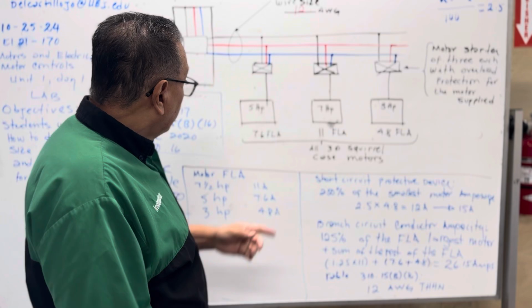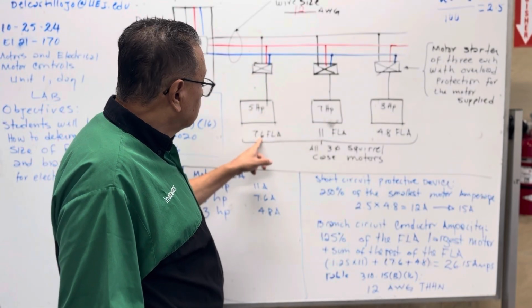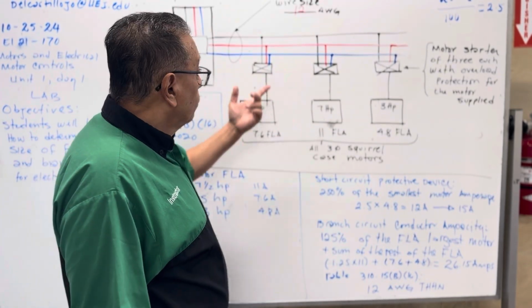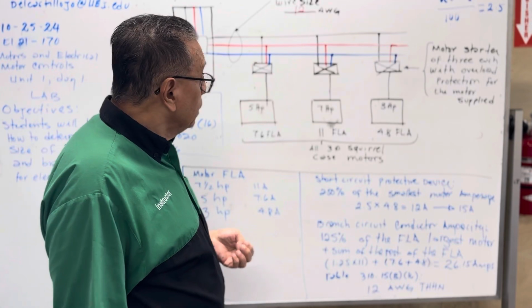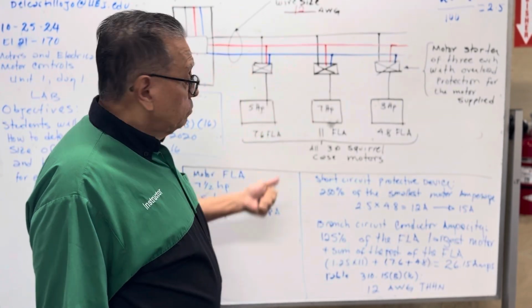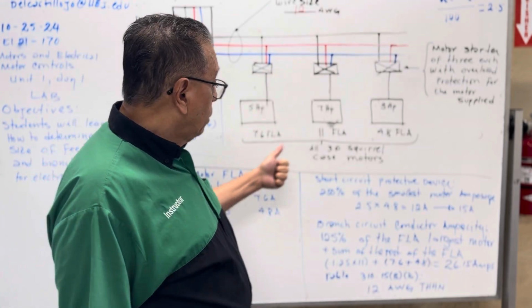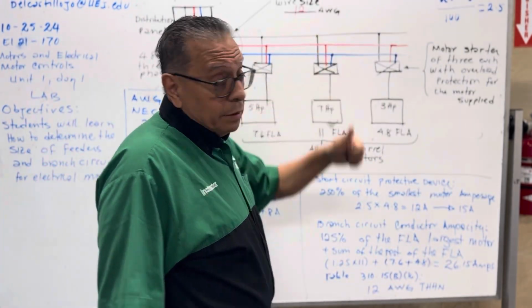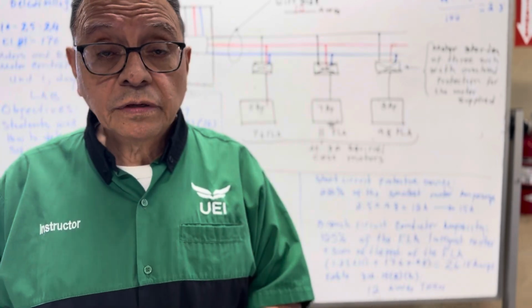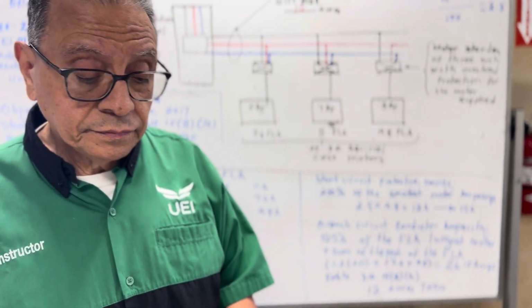For the branch with 7.6 amps, I can use gauge 12 as well, because gauge 14 would be okay on all of these, but I will go with gauge 12, THHN.